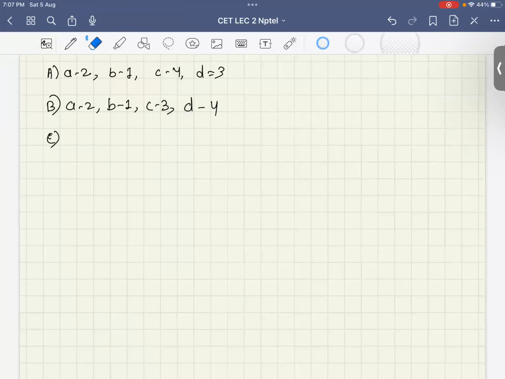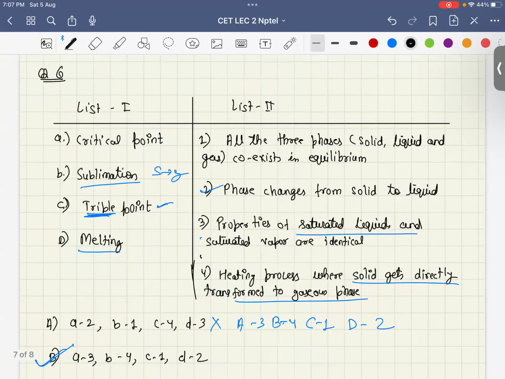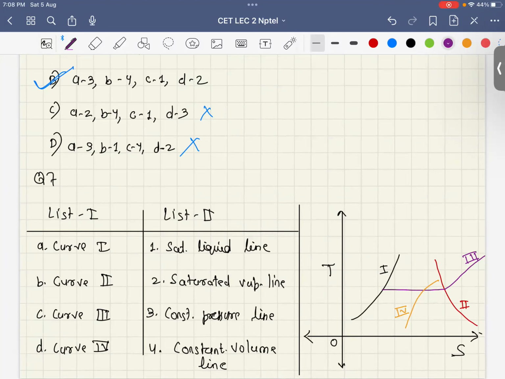Option C, A is 1, B is 2, C is 3, D is 4. And option D, A is 1, B is 2, C is 4, D is 3. Right? So based on this, you have to check whether the first curve is which of the following, second curve is which of the following, similarly third curve and fourth curve.